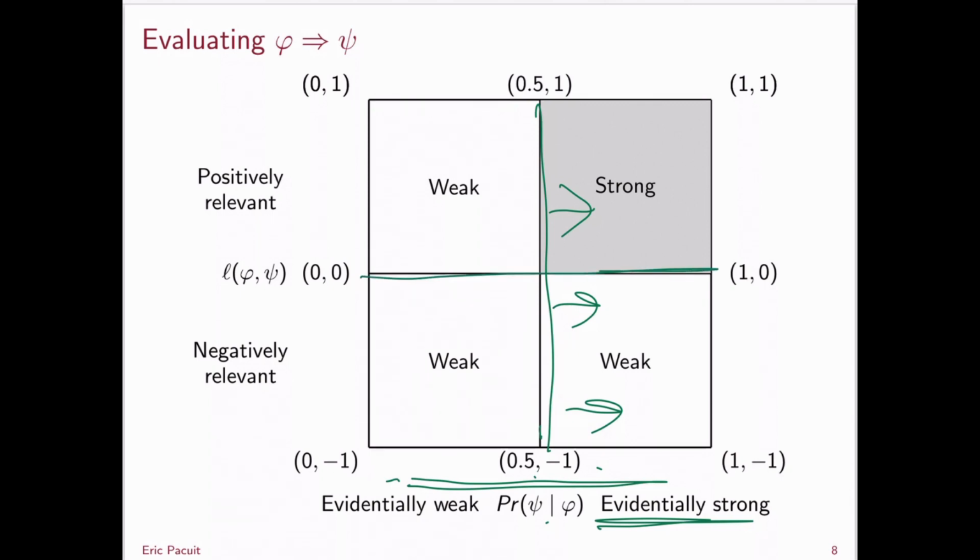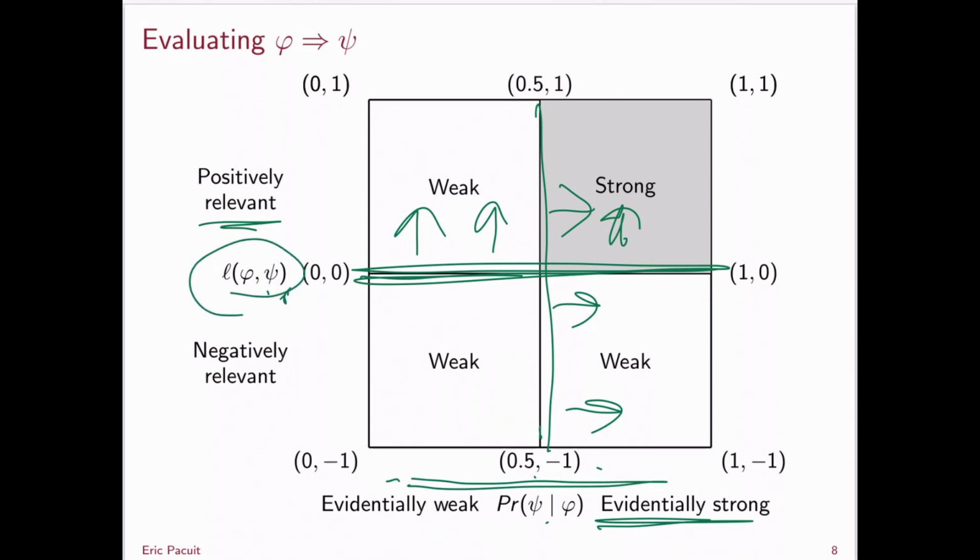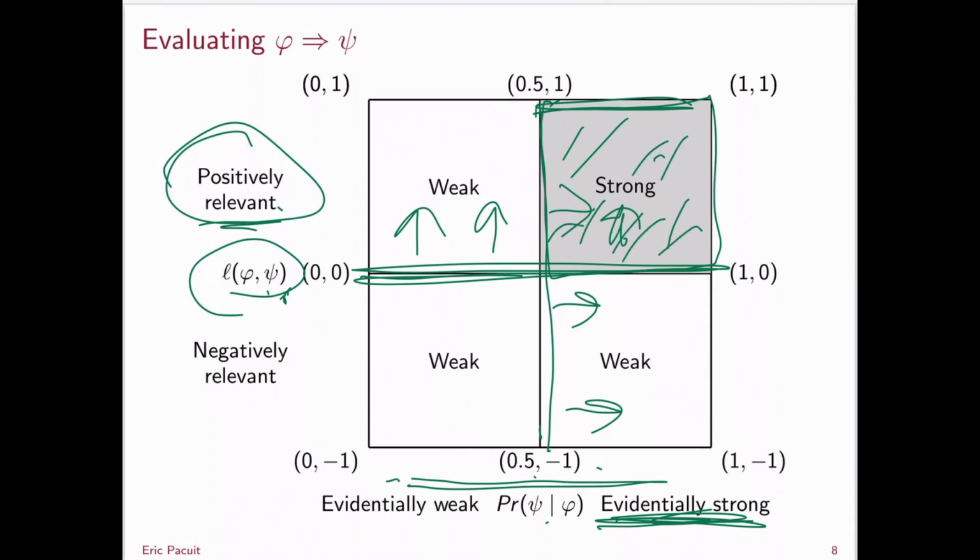And if we're above this line right here, that means that phi is in fact positively relevant to psi, because L of phi psi along the y-axis here is greater than 0. So if we're in this region, the gray region here, we have a strong argument because the argument is evidentially strong and positively relevant. So in this region right here, we evaluate this argument as strong because it's both positively relevant and evidentially strong.